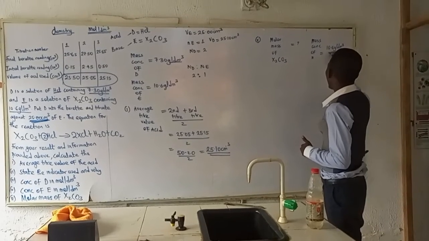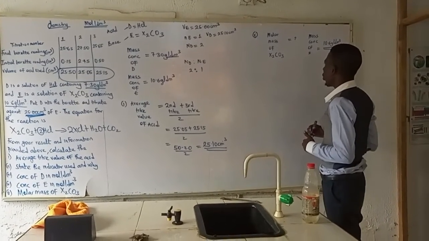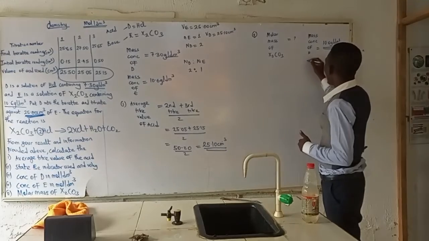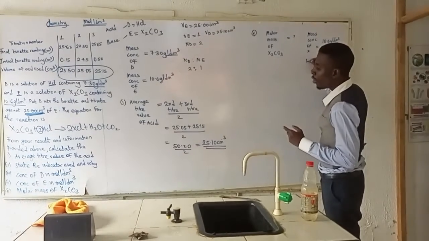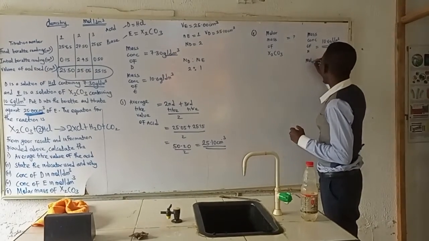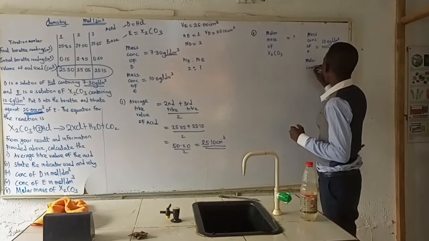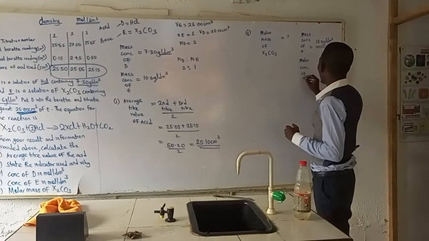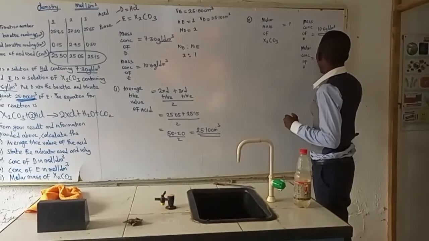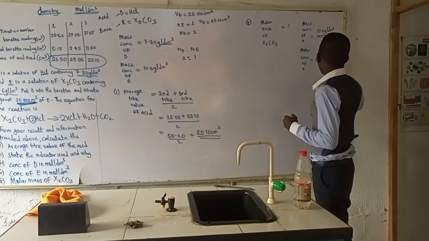Now, from our calculation of question number 4, we've gotten the molar concentration of E to be 0.1 mole per dm³.